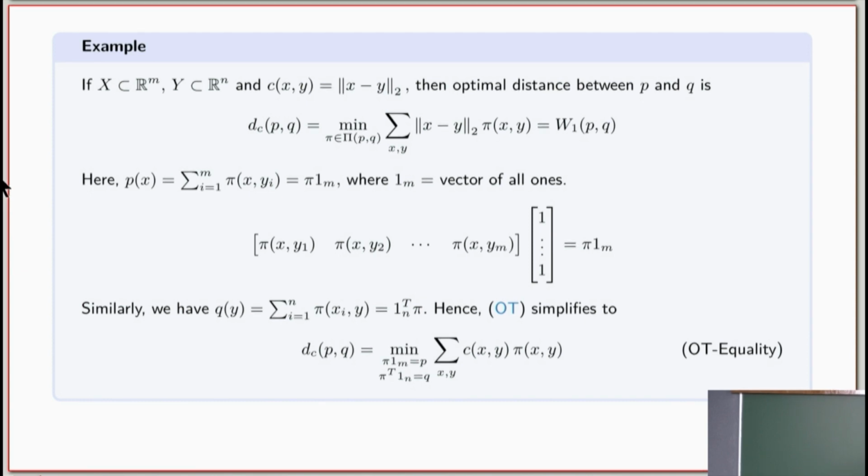This is a linear program. We can see this cost as one big vector, and this pi is a matrix, but we can make it into a vector and think about a dot product. So this is a linear program in the variable pi, and C is the cost vector. Basically it's a linear program with equality constraints.